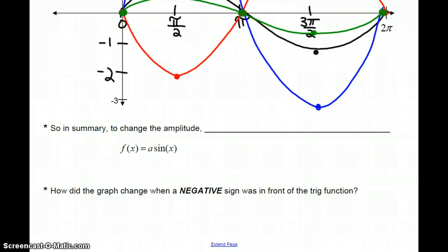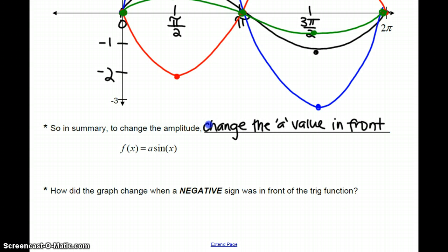At the bottom here, in summary, to change the amplitude, all I need to do is change the a value in front of my trig function. And a couple different things happened when I changed that a value.